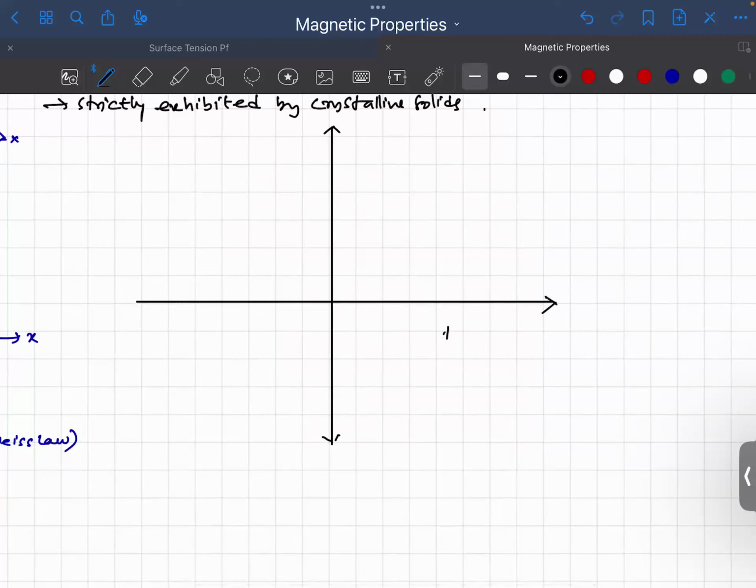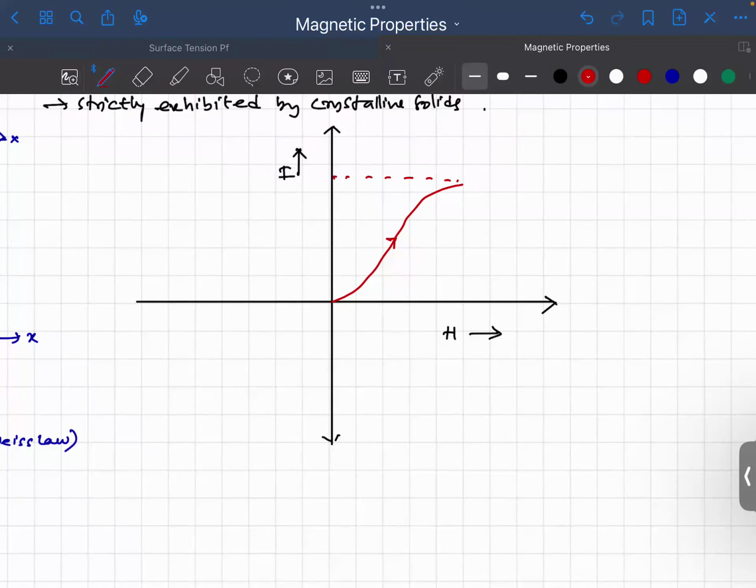if I plot a graph taking magnetizing field along the x-axis and intensity of magnetization along the y-axis, you noticed that saturation is happening, right? This is the saturation.